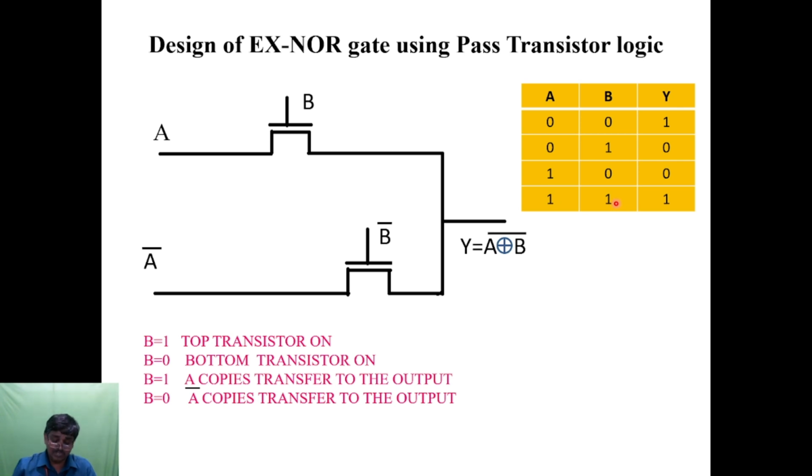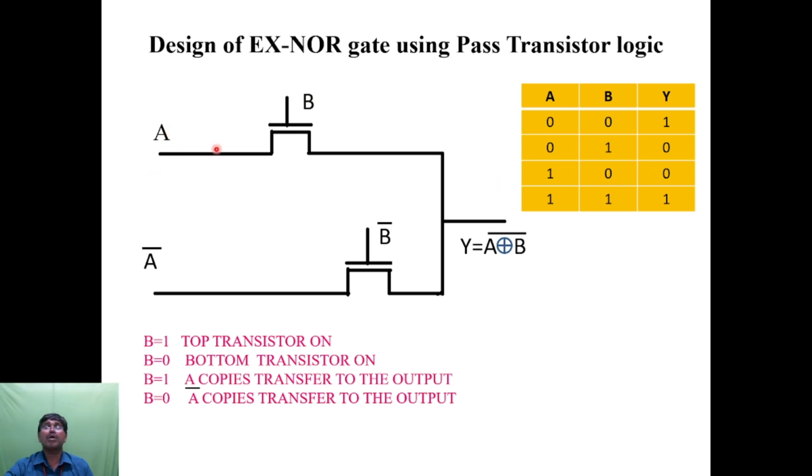What does that actually mean? Whatever the data input is, it is transferred. Whether A is 0, 0 will be transferred, and if 1, 1 will be transferred, provided the control input is high. Here this is the control input B, and it is high. When A is equal to 0, the output will be 0.